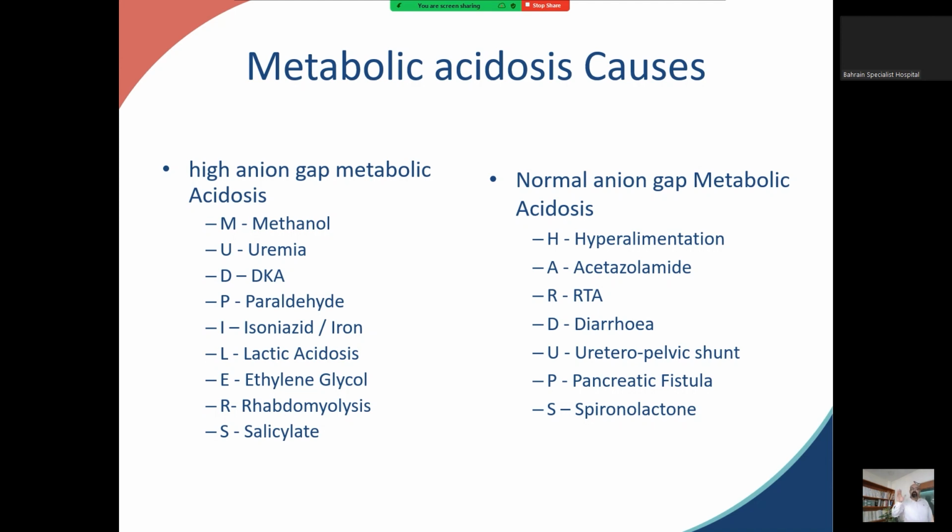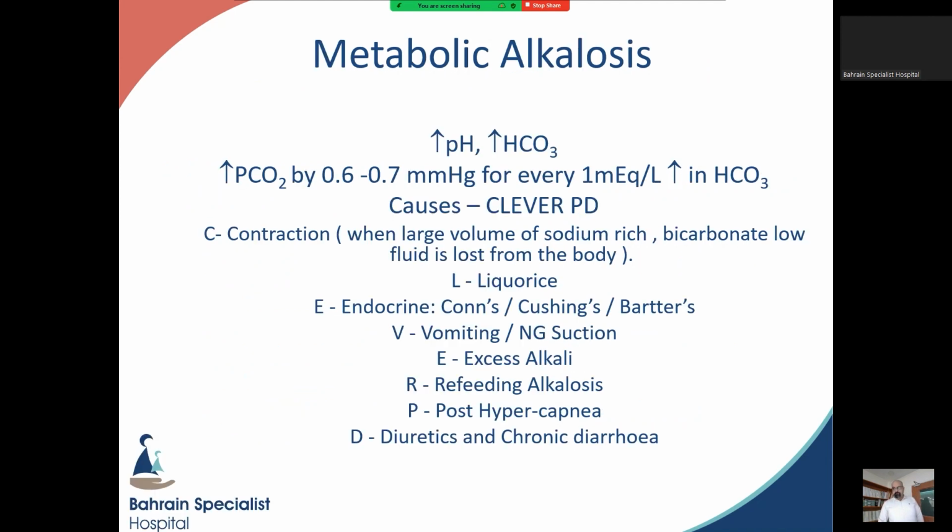The high ones include methanol, uremia, DKA, paraldehyde, isoniazid toxicity, iron toxicity, lactic acidosis, ethylene glycol, rhabdomyolysis, and salicylate poisoning, for which we can use the mnemonic MUDPILES. And normal anion gap metabolic acidosis includes hyperalimentation, acetazolamide, RTA, diarrhea, ureteropelvic shunt, pancreatic fistula, and spironolactone use.